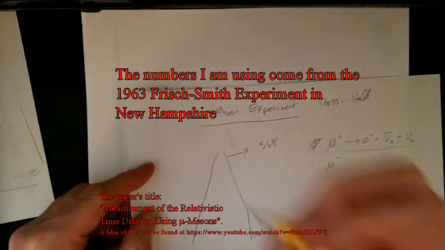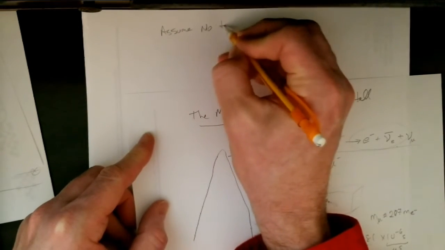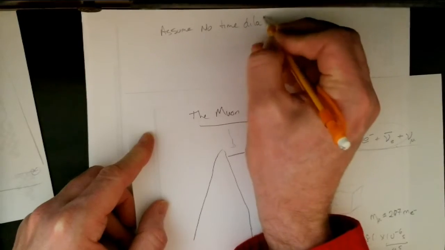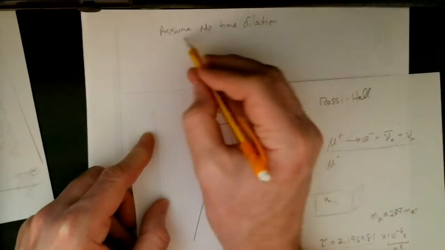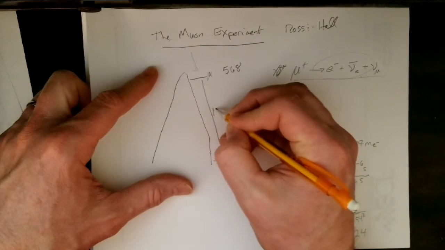All right, so let's take a look at this experiment from 2 points of view. Let's first assume no time dilation. In other words, classical physics, time is the same everywhere. So if we do that, figure out the distance that they actually have to travel here, and I guess I left that part off. This distance right here, this is about 1,900 meters.